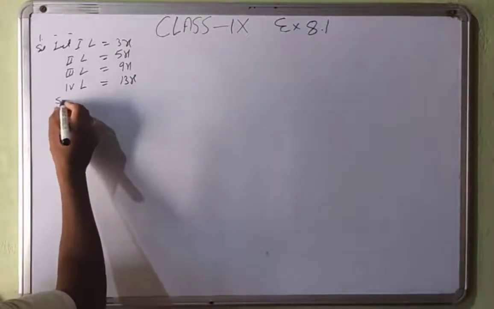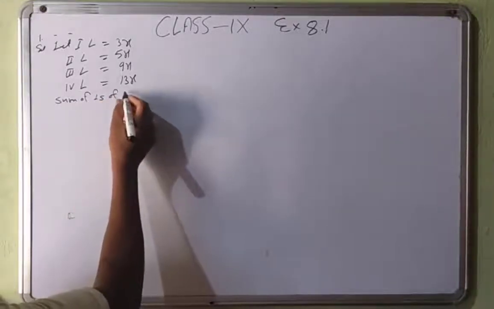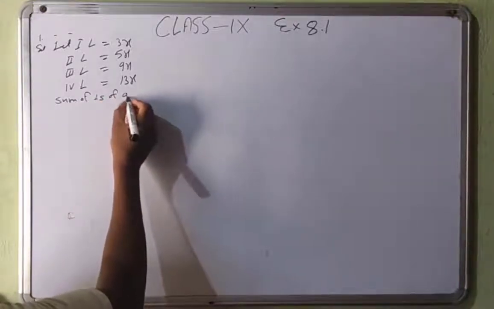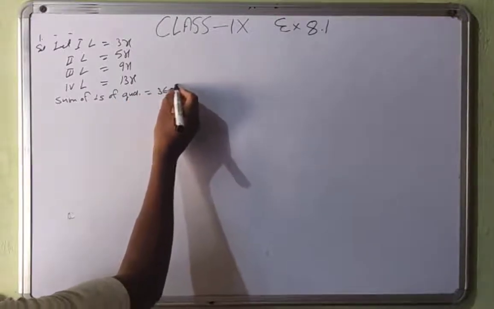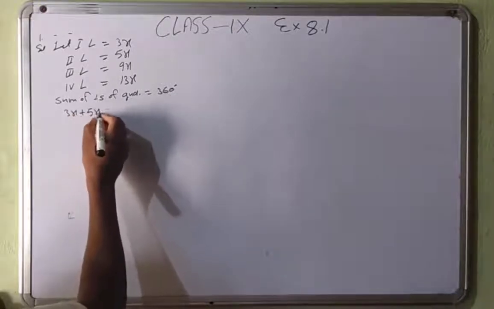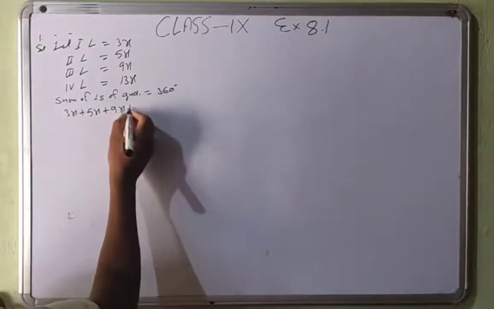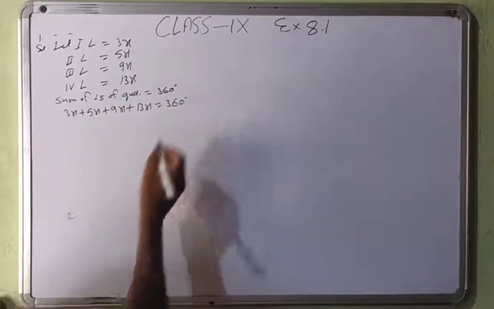We know that the sum of the angles of a quadrilateral is 360 degrees. So 3x plus 5x plus 9x plus 13x is equal to 360 degrees.